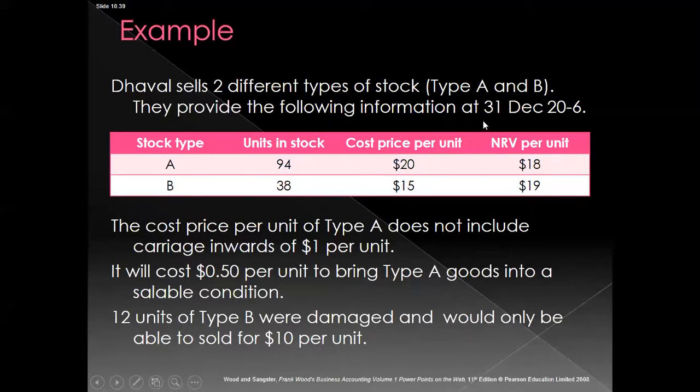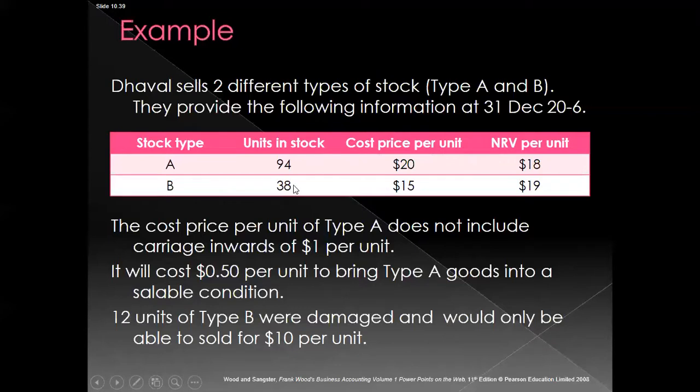So if we just base on these numbers, which value would you choose to value stock A? The answer is, for now, you should choose the $18, the lower of cost or net realizable value. So $18 is lower than the cost for type A, so we will choose $18.